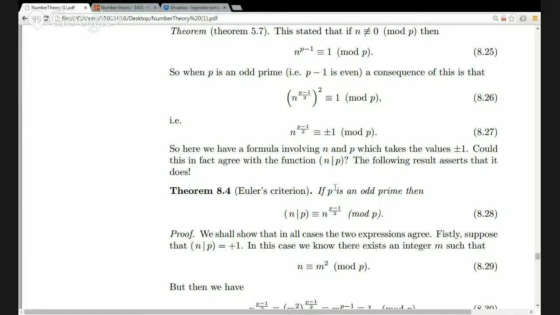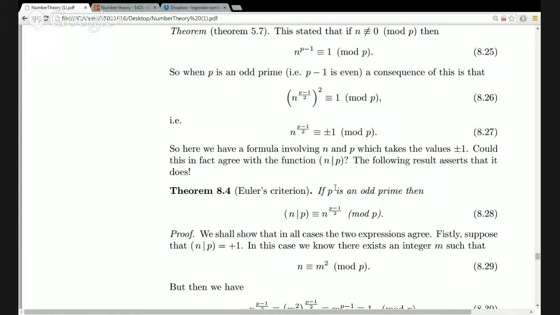So as I said, it looks on the face of it great. We can now figure out whether any given number is a quadratic residue. Well, yeah, but it's still computationally expensive. It still requires p minus 1 over 2 multiplications, or p minus 1 over 2 minus 1 multiplications, whatever, to figure out this power.